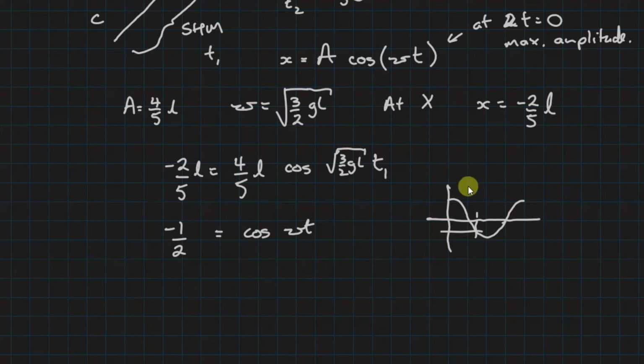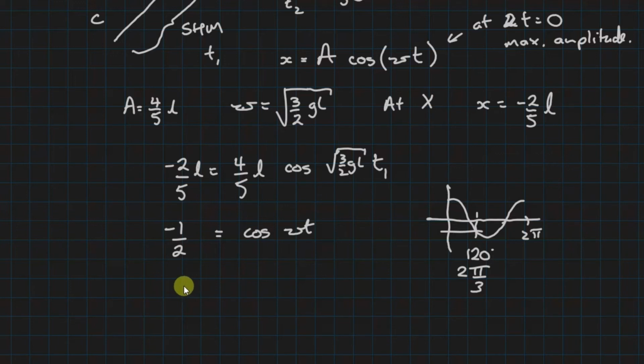This is going to be at 120 degrees, which is pi over 3. Oh, it's not pi, it's 2 pi. Sorry, forgot the radians, 2 pi over 3 to give me the radians.